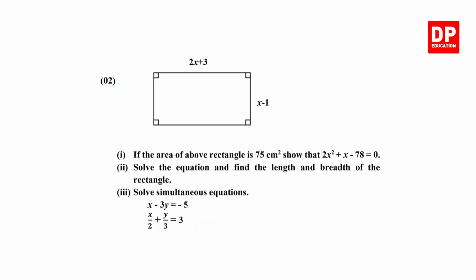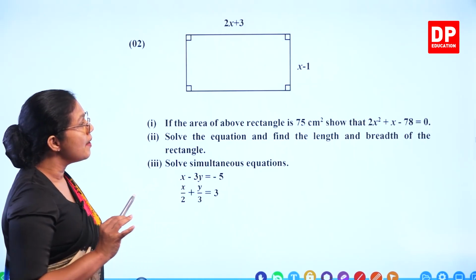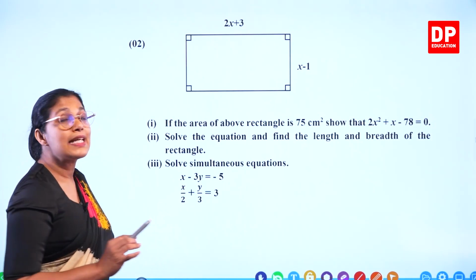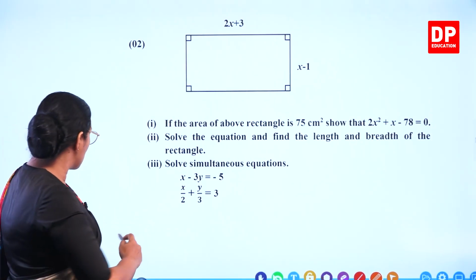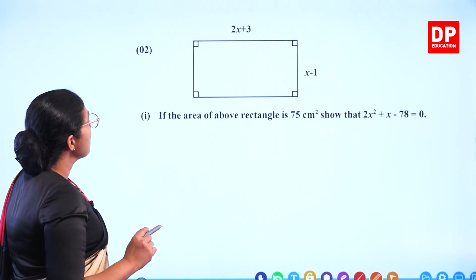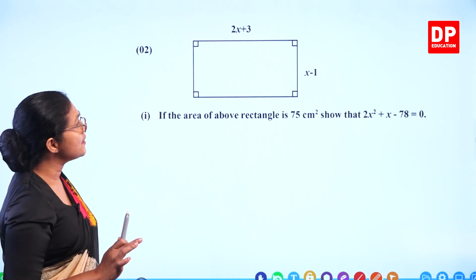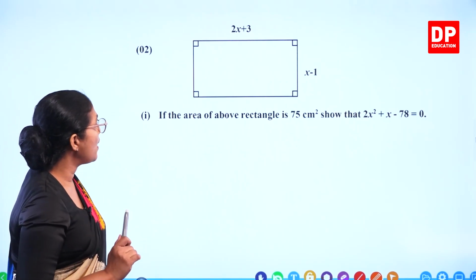Question number 2. It's about algebra. So you have to first make an equation, solve it, and solve the simultaneous equations. So let's do that. You are given a rectangle with length 2x plus 3 and the width is x minus 1.